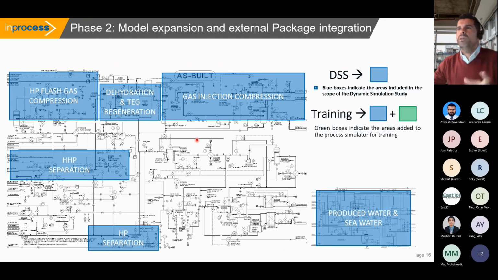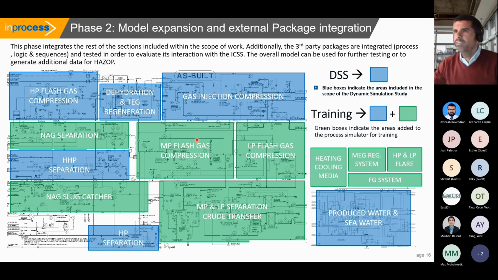How is it drafted? Drafted means that we complete the rest of the topside, or the rest of the areas of the FPSO, because what we need to test is not only those specifics that we started modeling to perform those studies.